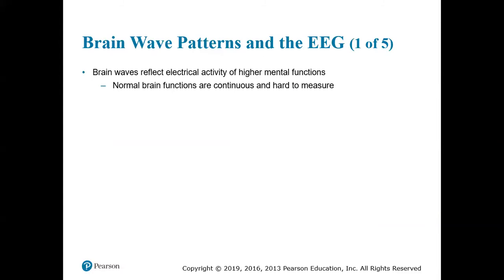Now we're going to dive into brain waves. I wish we could spend a lot of time discussing this, but I'm just going to mention a few things. Normal brain functions are continuous.